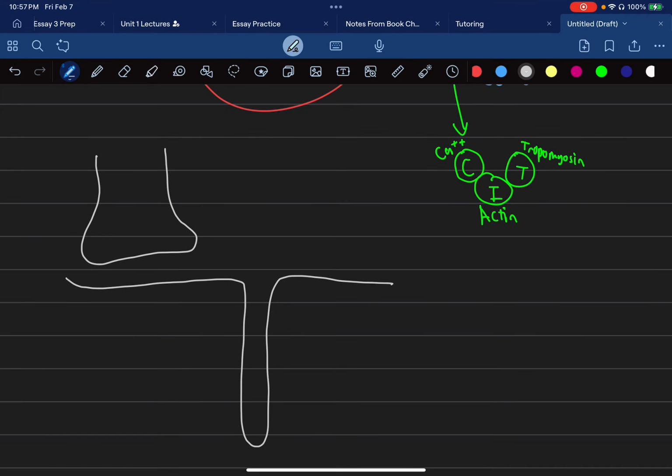When a signal is sent down, there's going to be an action potential coming, and that's going to allow calcium to come into the cell. We have our vesicles here full of acetylcholine, and our SNARE proteins are going to let that acetylcholine get out into this synapse here.